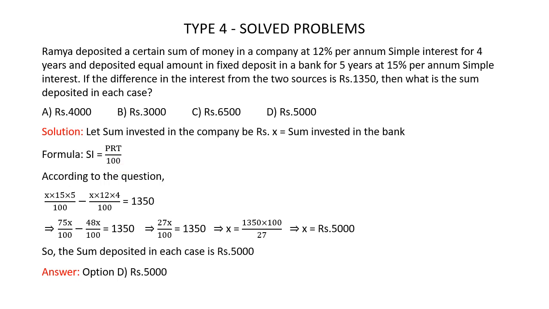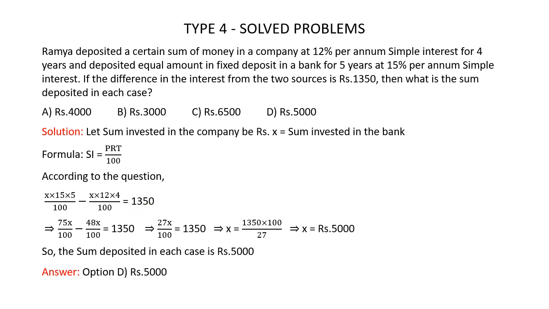So according to the question, X multiplied by 15 multiplied by 5 divided by 100, which is the simple interest earned from the bank, minus X multiplied by 12 multiplied by 4 divided by 100, which is the simple interest earned from the company, is equal to 1350.